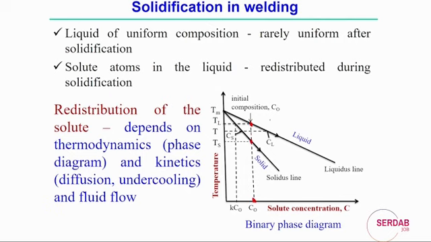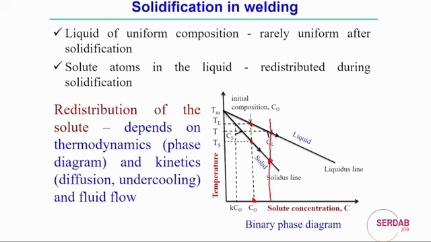Similarly, if we consider different concentrations, the liquidus and solidus temperatures can be different depending upon the liquidus line and the solidus line for the different composition. With this composition, the liquidus temperature is TL, and the solidus temperature is represented by TS.